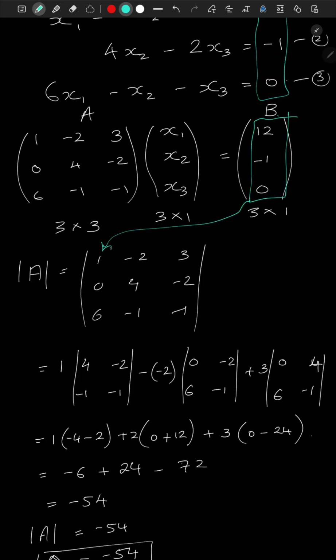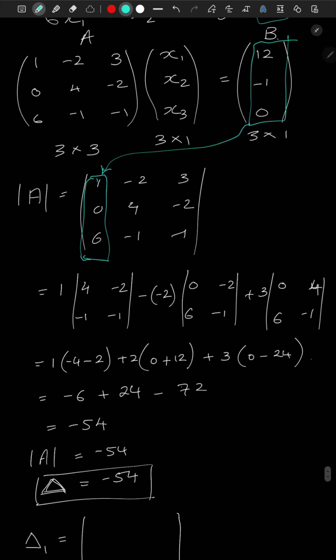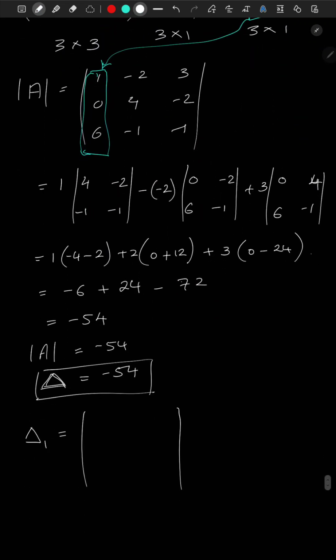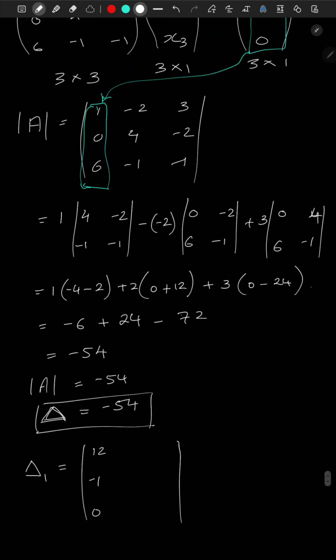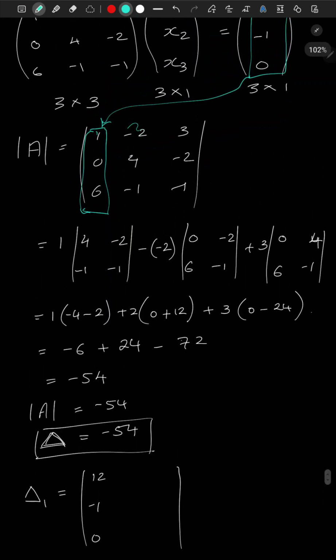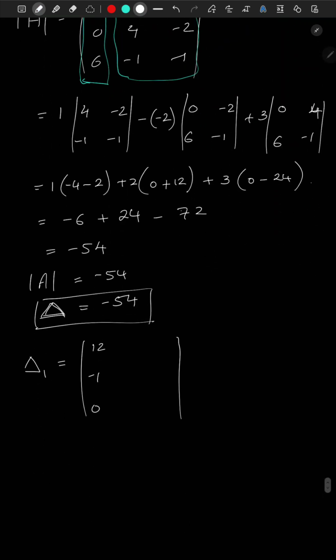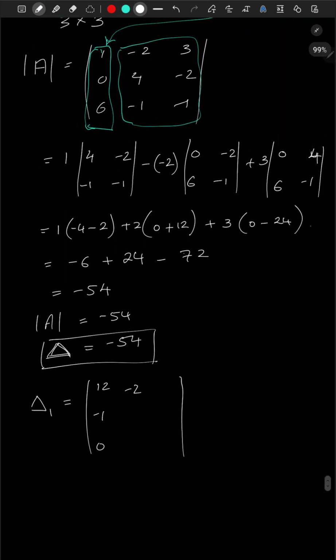So we just replace the column with 12, minus 1 and 0, and the remaining numbers are just written over here: minus 2, 3, 4, minus 2, minus 1, and minus 1.